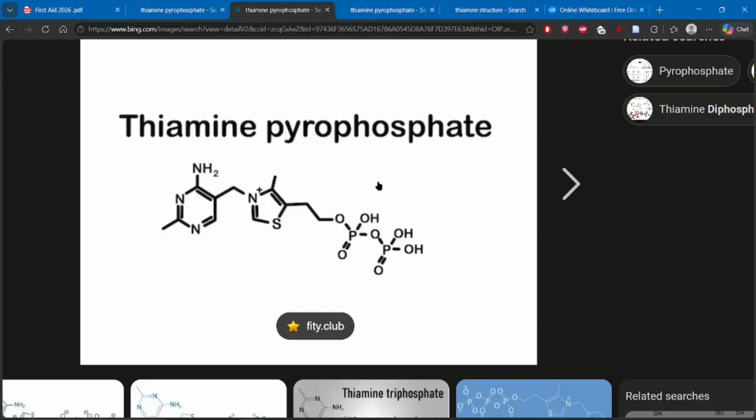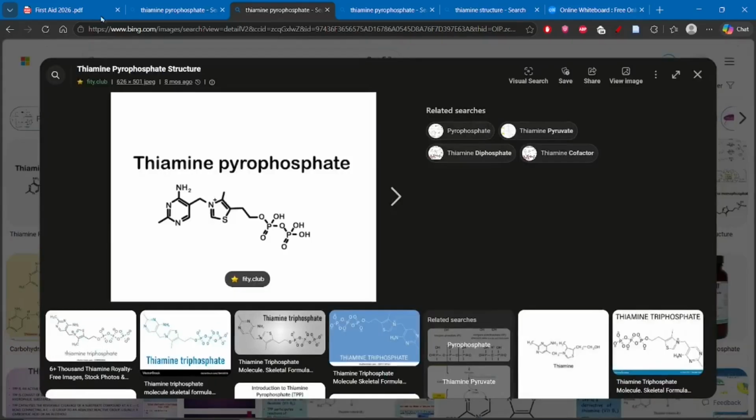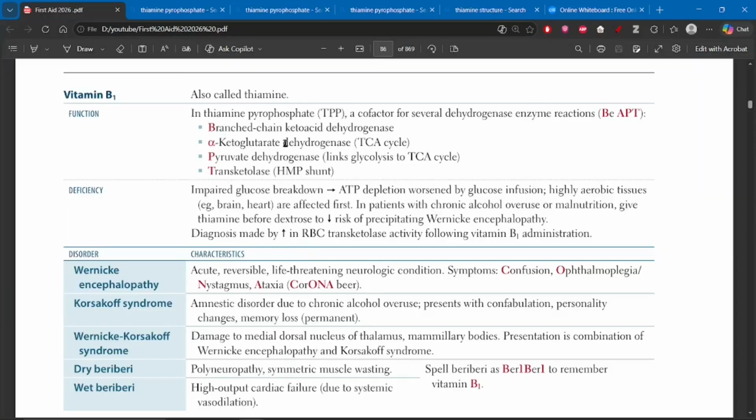Now, what is the difference and what does this pyrophosphate molecule allow? It's not really a part of our domain, but just know that the basic structure is vitamin B1, and then you can keep on adding groups to modify its function and make it participate in some reaction. So these are the enzymes for which it functions as a cofactor, functioning in different processes, like in the TCA cycle or in the HMP shunt.